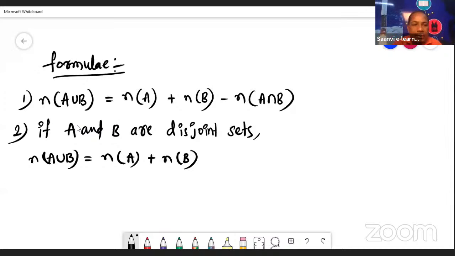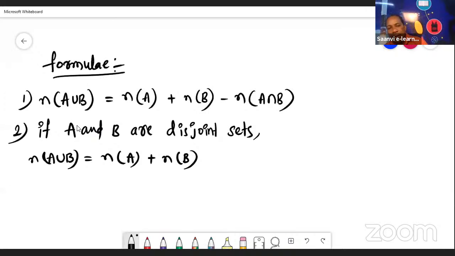So these two formulae are very important, children. The first formula is n of A union B. Already we know what A union B is, the union of sets. So n of A union B means the number of elements in set A union B. n of A union B is equal to n of A plus n of B minus n of A intersection B. Why?